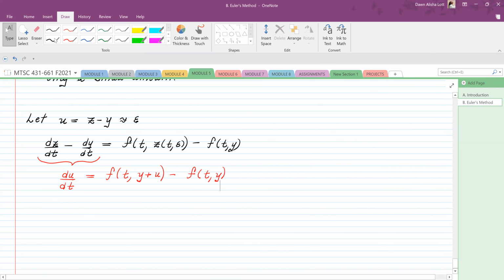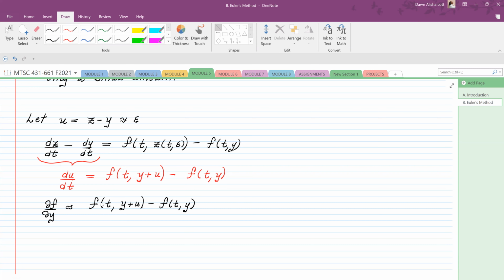So the partial of f with respect to y is approximately f of t and y plus u minus f of t and y, all over u. Think about the definition of how we define a partial derivative.